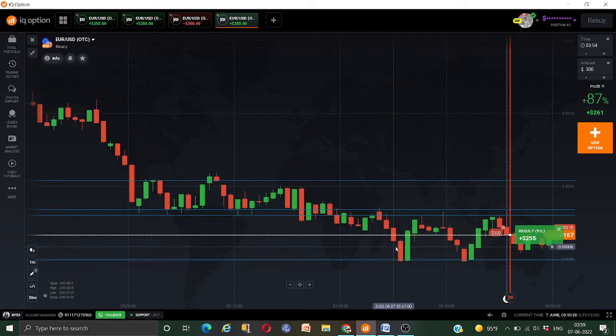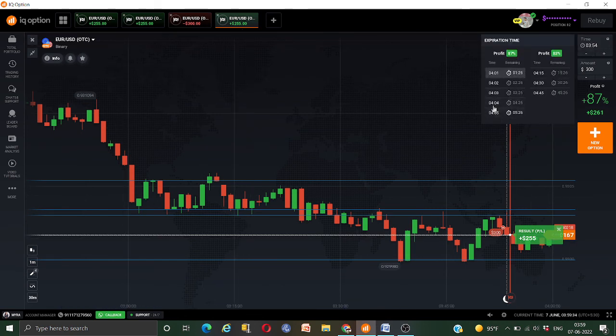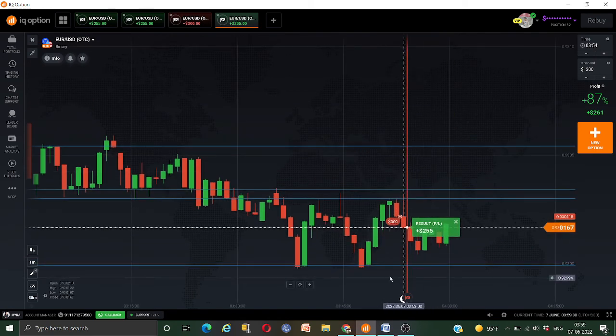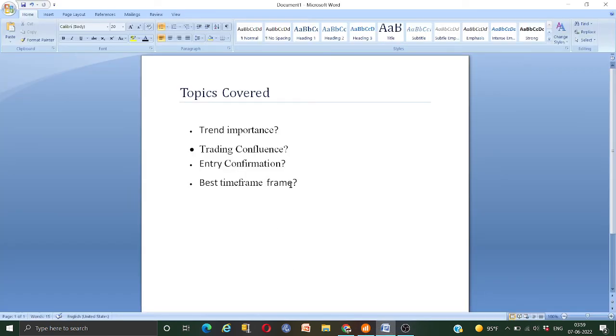Or if you are taking a 2 minutes candle, always place your trades with 4 or 5 minutes expiries. This is what the concepts tell you. These four concepts are very important, they will help you to be in great profits, and you will end up with profits.